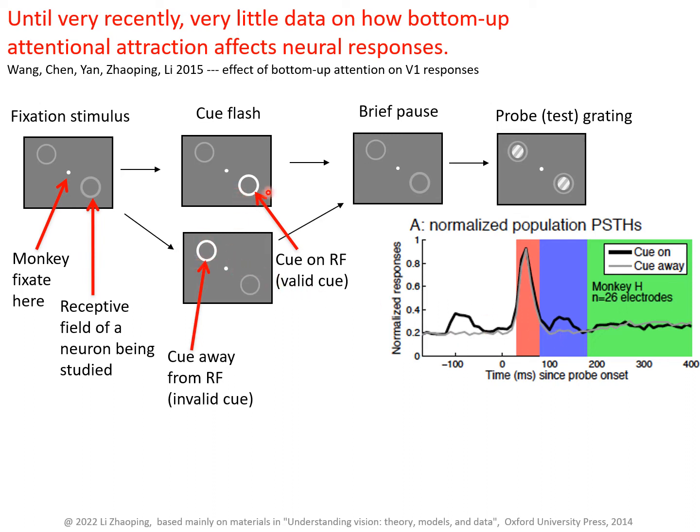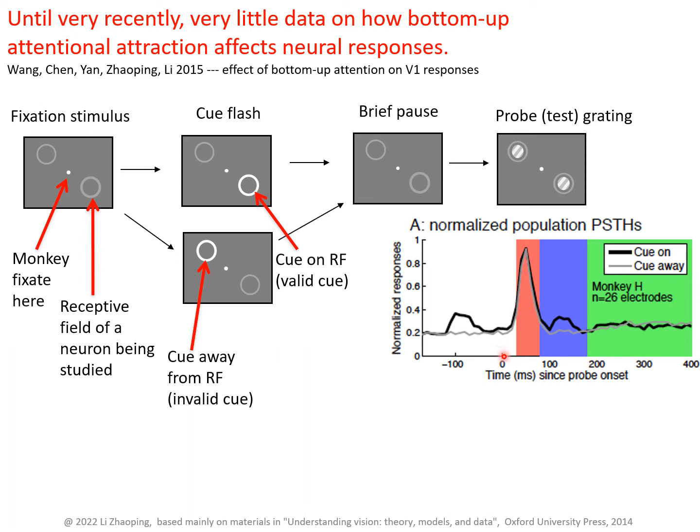And so this cue on is a validly cued trial, and cue away is an invalidly cued trial as far as this neuron is concerned in response to this probe. Now, before the neural responses to the probe happened, the neuron actually responded to the cue when the cue is on, but not when the cue is away. You can see the cue appeared roughly a bit more than 100 milliseconds before the probe appeared.